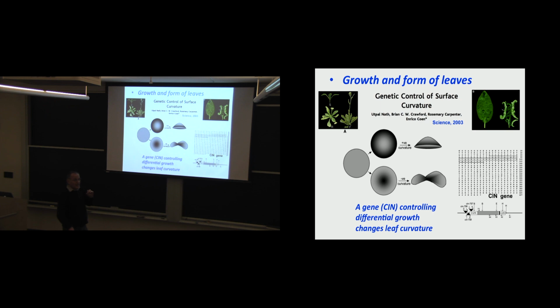And what the gene does is it controls the rate of cell proliferation and growth in the leaf. Actually I guess this one represses growth.